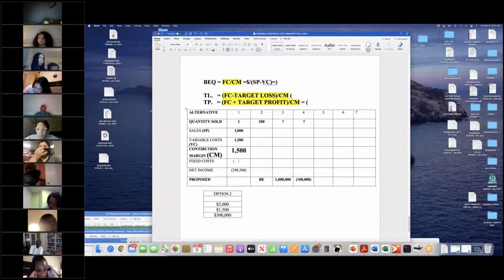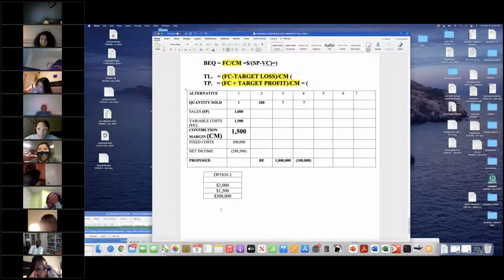So since our fixed costs were $300,000 and we only had income of $1,500, we ended up with a loss of $298,500.